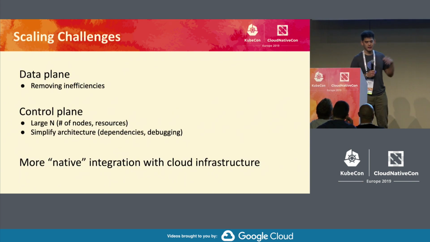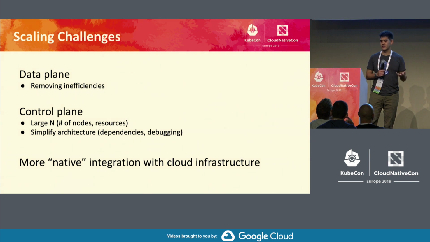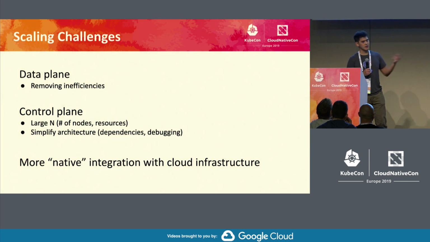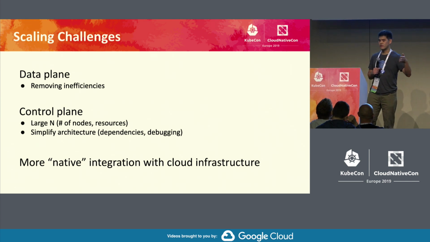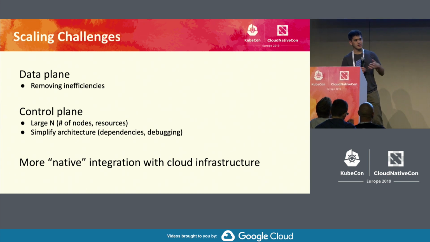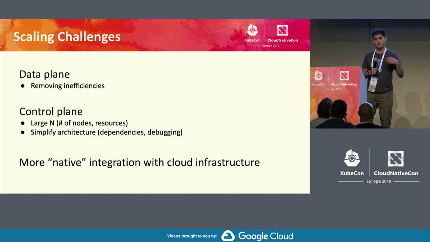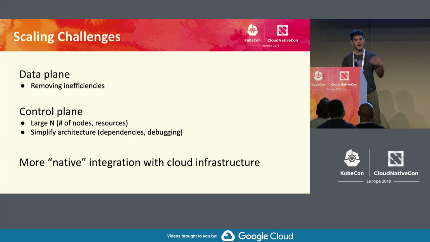Now, at a high level, looking at scaling challenges, we need to consider a couple of things. First, in the data plane, you really want to remove as many inefficiencies as possible. Kubernetes offers a whole bunch of abstractions, but we really want to reduce the cost of those abstractions. In the control plane, when you're scaling up your cluster, you will hit these large N issues, where N is the number of nodes, the number of resources.